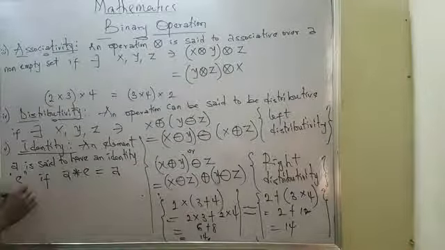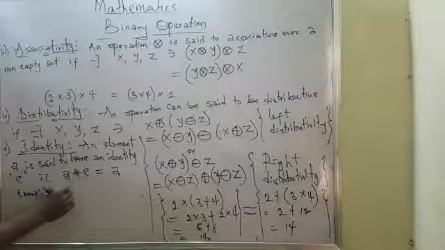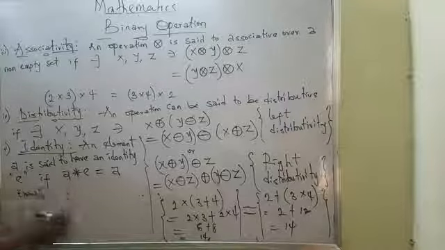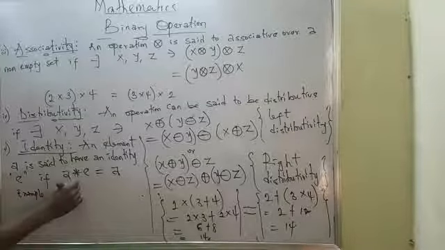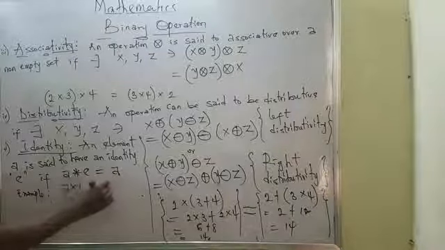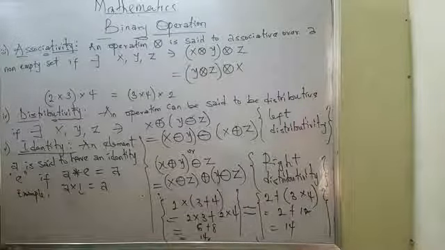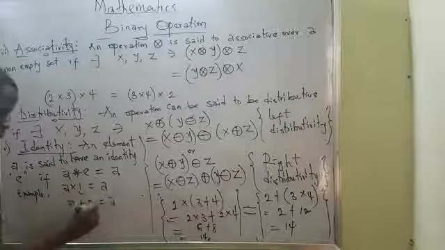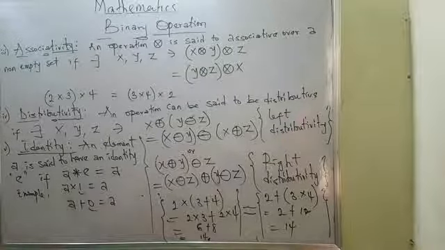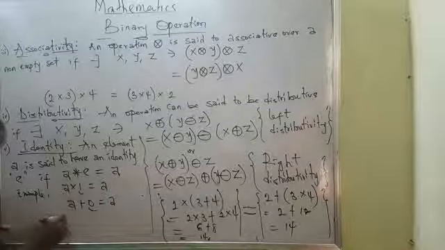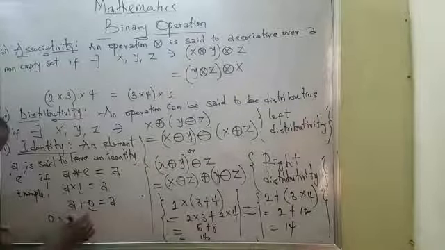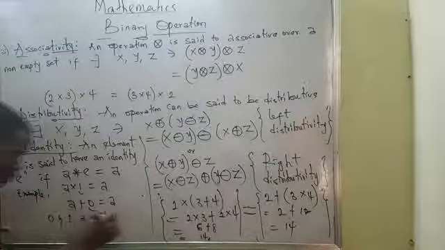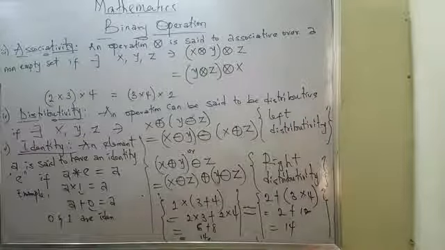Example: A times 1 is A. Here, 1 is the identity. If you have A plus 0, it is still A. Here, 0 is the identity. So you say 0 and 1 are identities.